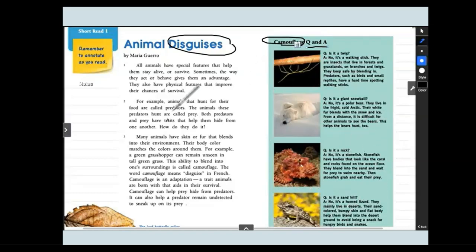Now that we understand what this text is about, we'll be able to focus on what details are the most important. So as I read, I'm looking for the word predators. The sentences near the word are likely to tell me what predators are.